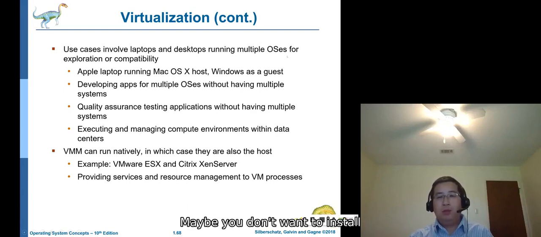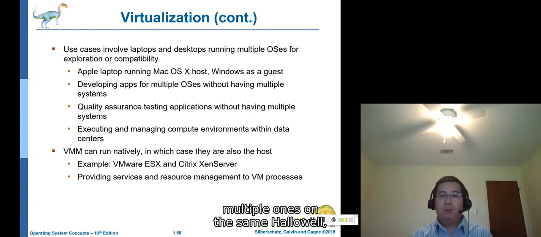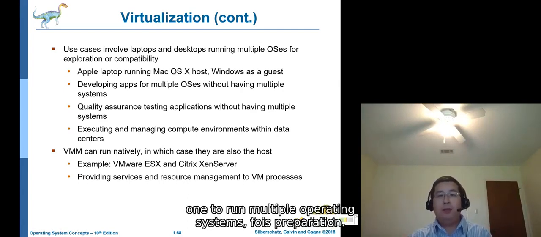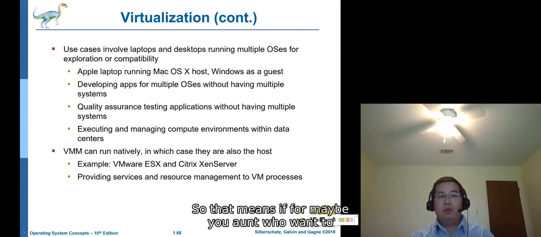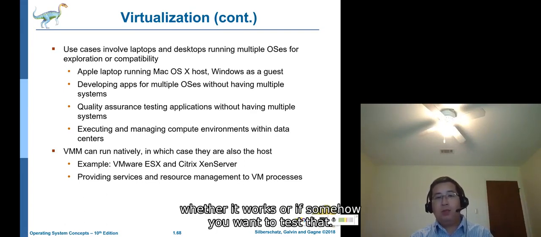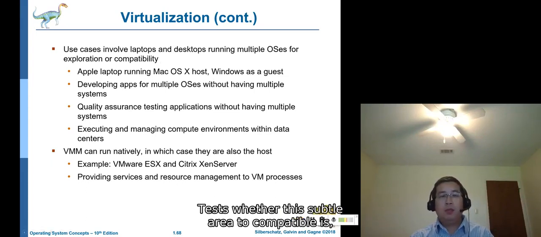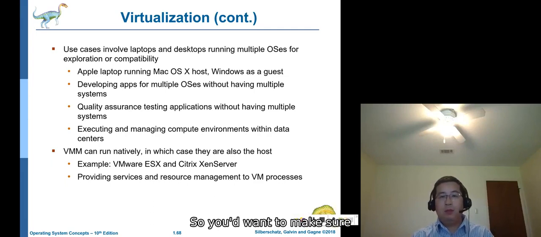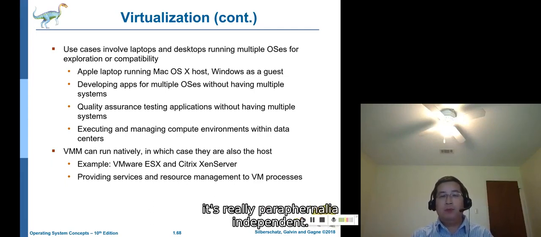Maybe you don't want to install multiple ones on the same hardware, just want to run multiple operating systems. For exploration, that means maybe you want to look at the code running on a different operating system, whether it works, or sometimes you want to test whether this software is compatible. If we say it is platform independent, you must make sure it's really platform independent. So we want to test portability.